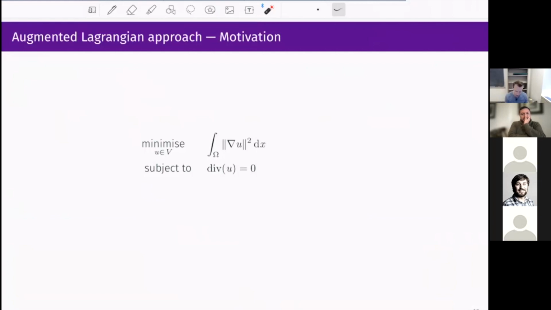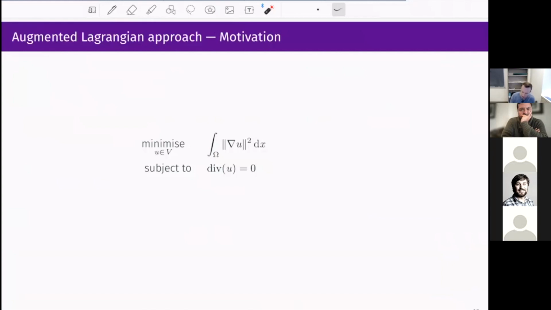One way of deriving the Stokes equations is to write them as the minimizer of an optimization problem, right? If you minimize this energy subject to this constraint, and write the optimality conditions of this optimization problem, you get exactly the Stokes equations.